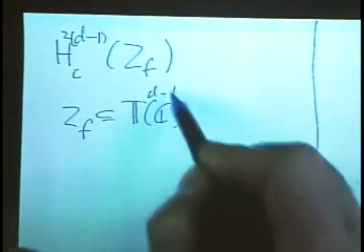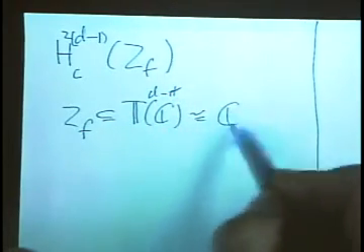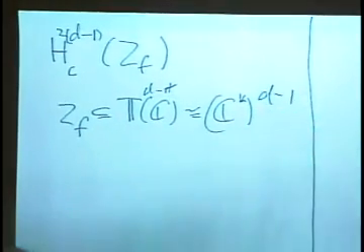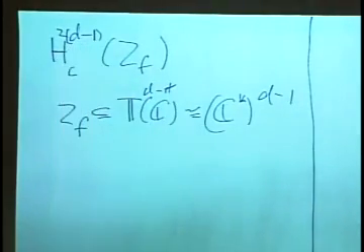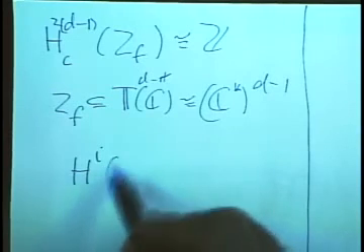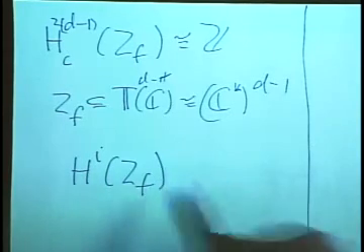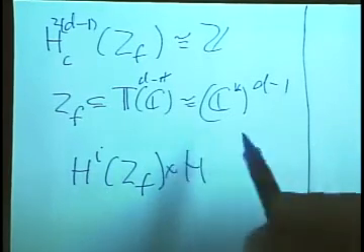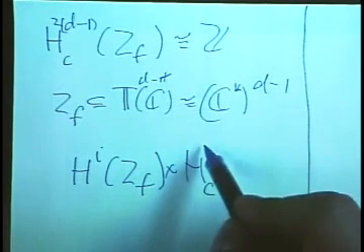So that means it's isomorphic to C star to the power D minus 1. And then the real dimension of this hypersurface will be twice D minus 1, and also isomorphic to Z. In fact there is a duality between H^i, the usual cohomology, and cohomology with compact support, but complementary.